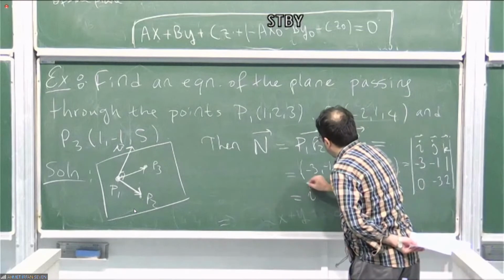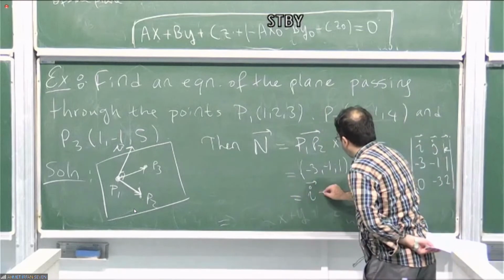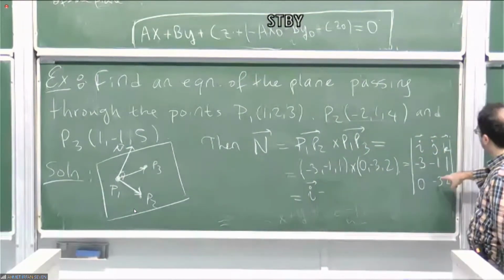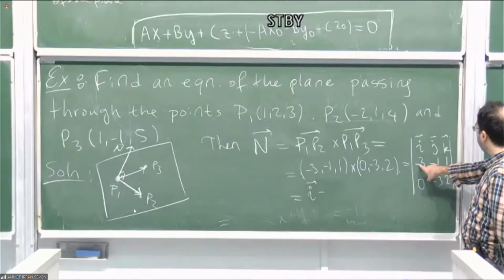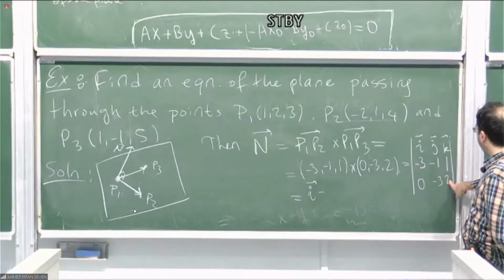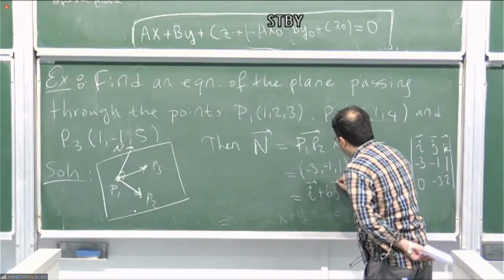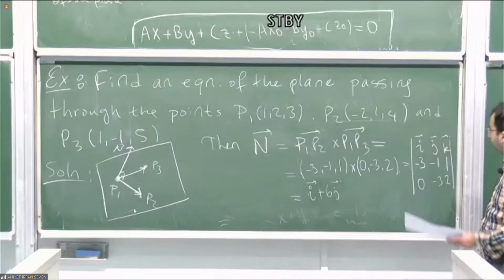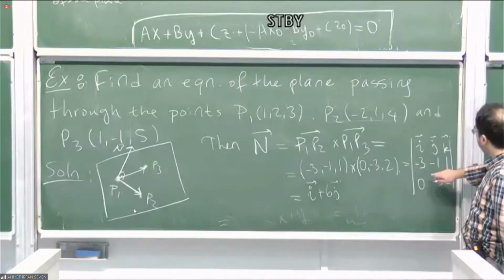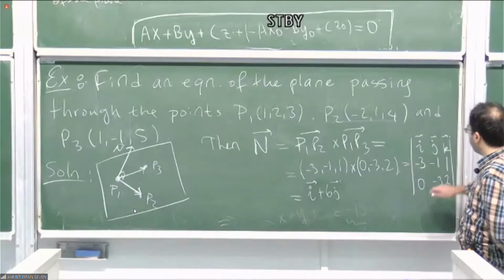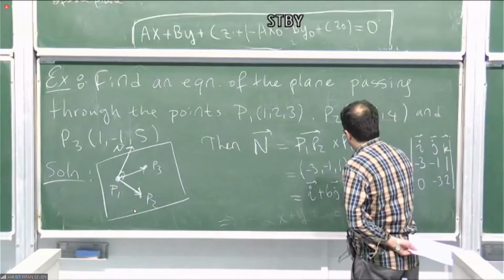So it will be i minus, I'm going to have j. So the determinant will be minus 3 times 2 minus 6. There is also a minus in here. So it will be plus 6j. And then k. So I will have minus 3 minus 3, which is 9. It's 9k.